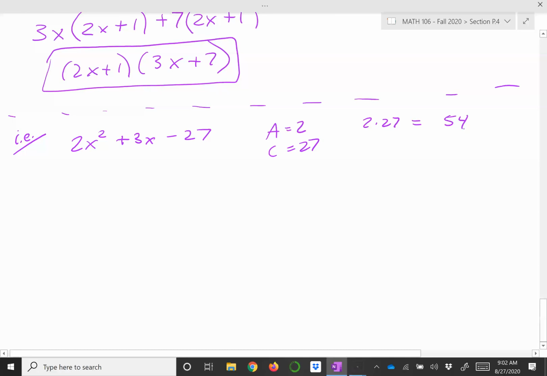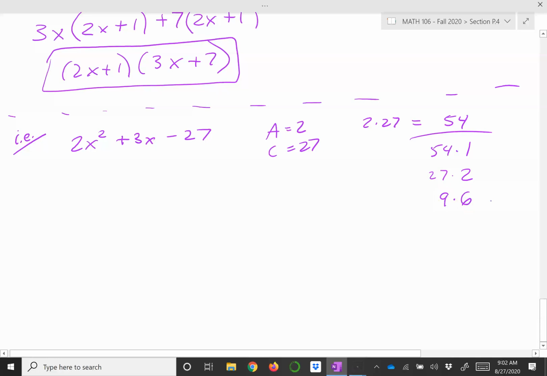All right, so 54. What are the factors of 54? You always get 54 and 1, and then you can always probably, if it's even, divide it by 2. So that's, I think, a 27 and 2. Is that true? Yeah, I think so. Right? What else? 9 and 6.